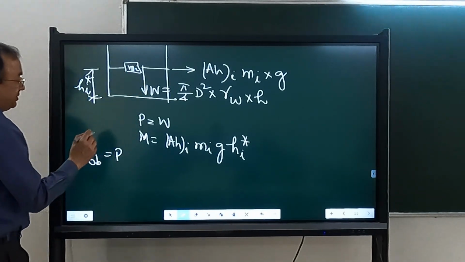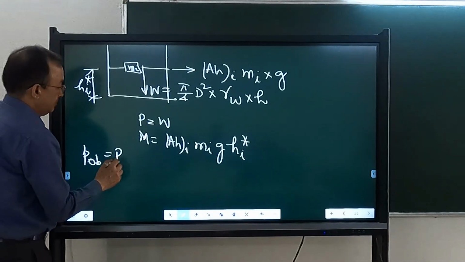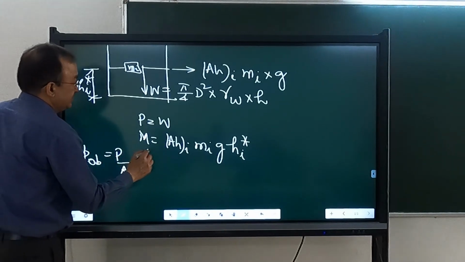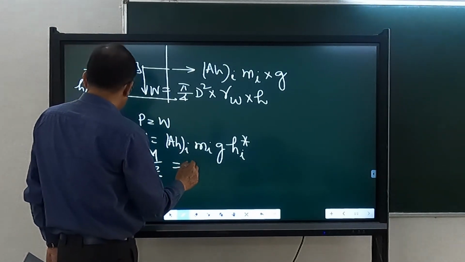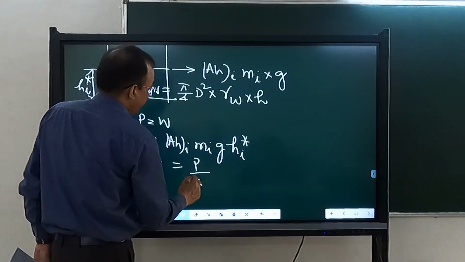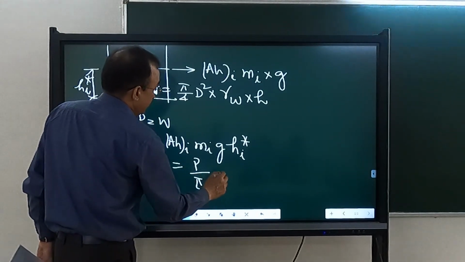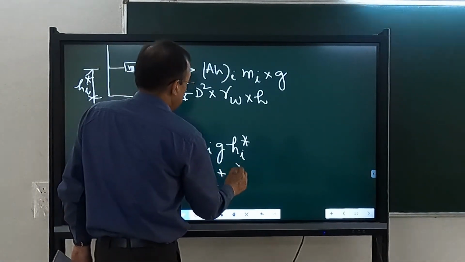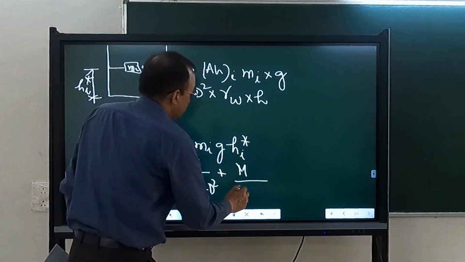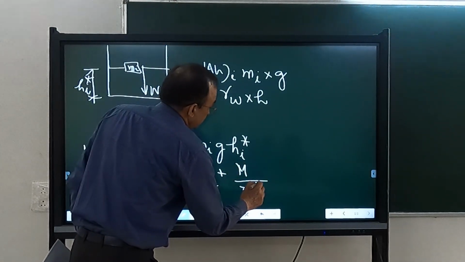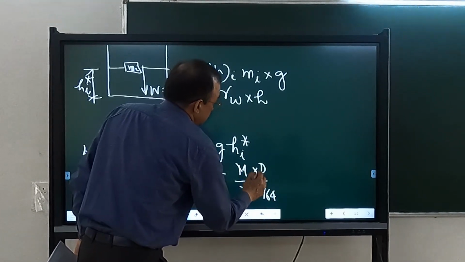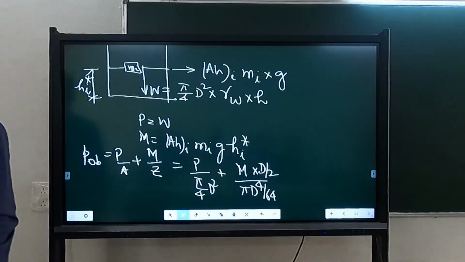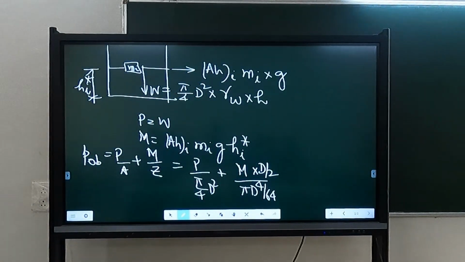P overturning at base is equal to P by A plus M by Z. So that is equal to P divided by pi by 4 d square plus M divided by pi d to the power 4 by 64 into D. That will give the maximum pressure at the base.